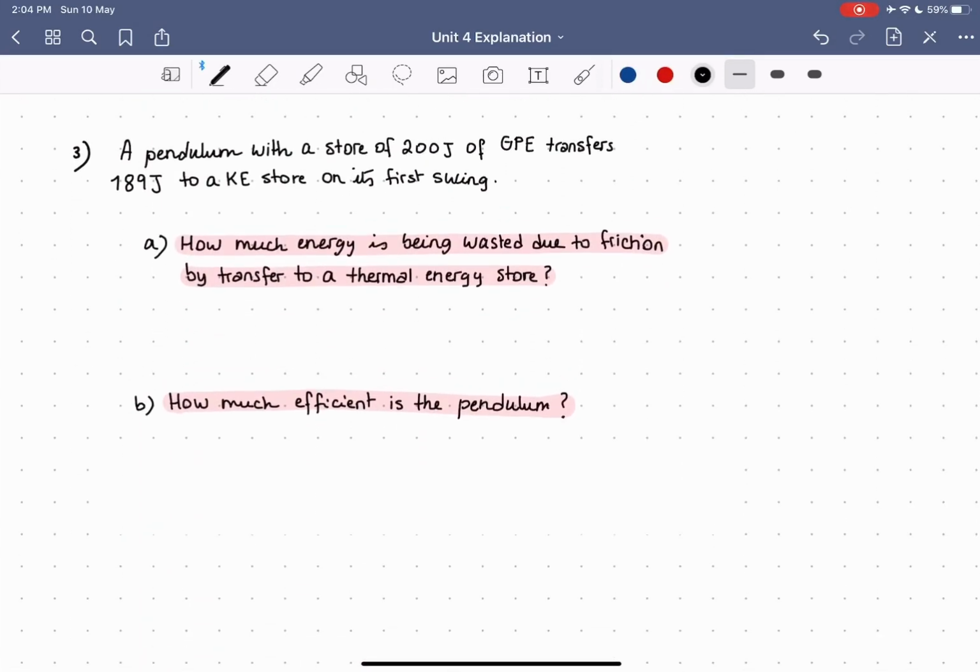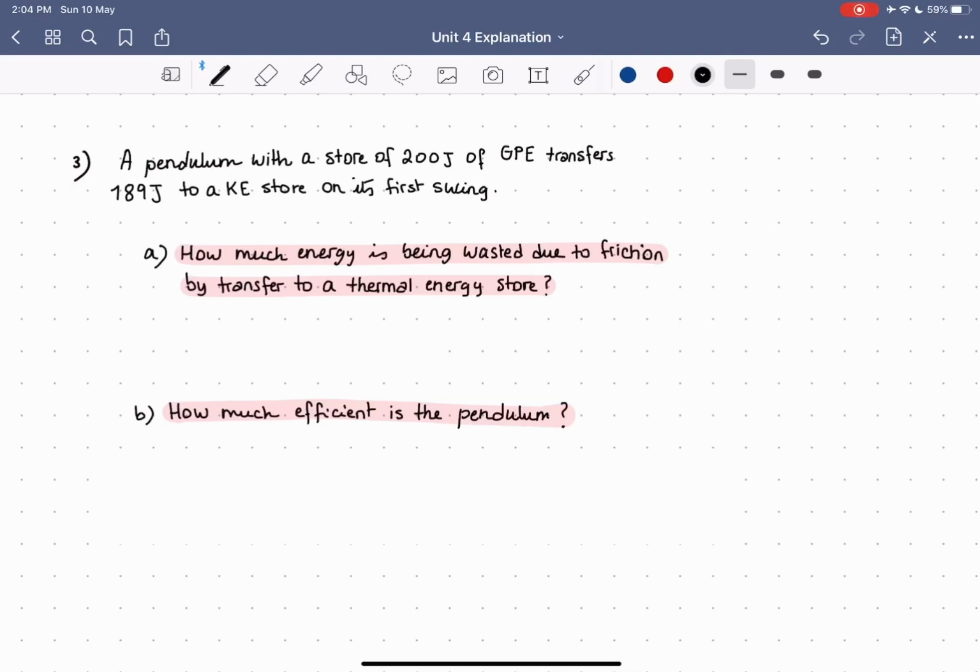Okay, question 3. We have a pendulum with a store of 2000 joules of GPE that transfers 189 joules to a kinetic energy store on its first swing. How much energy is being wasted due to friction by transfer to a thermal store? So in this case, friction is the waste energy.